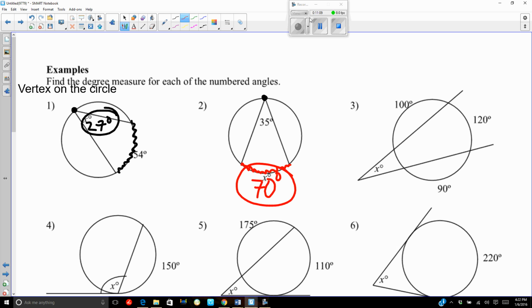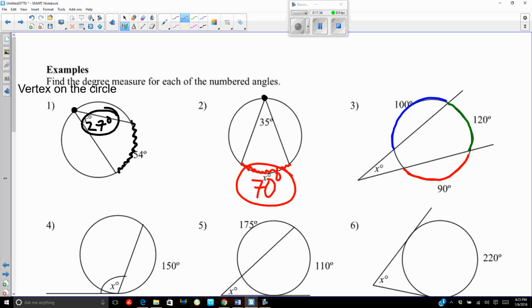All right, so getting to a new problem is on number 3. We got a new problem here. The first thing I want to do, if I can, always on these problems, is figure out all the arc measures of the circle. So I know that this arc measure right here is 100 degrees in blue. Tells us that. This arc measure is 120. This arc measure is 90.